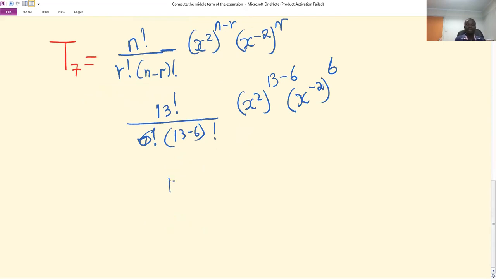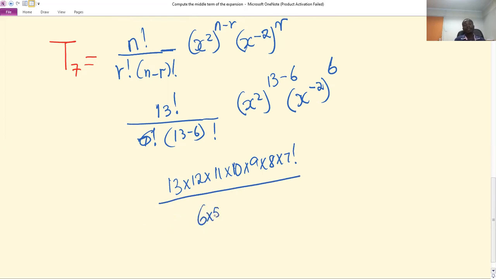So 13 factorial is 13 times 12 times 11 times 10 times 9 times 8 times 7 factorial, over 6 times 5 times 4 times 3 times 2 times 1 times 7 factorial. This is x squared raised to power 7, x raised to power minus 12.